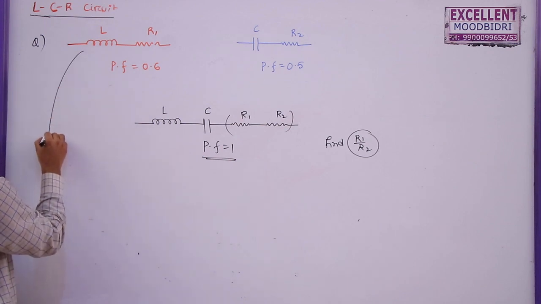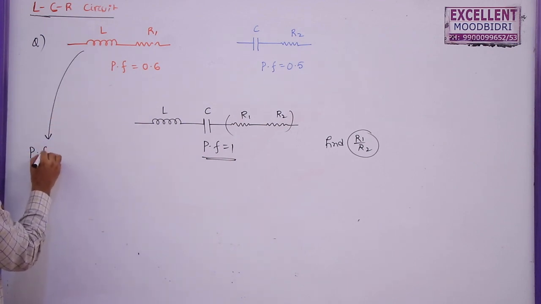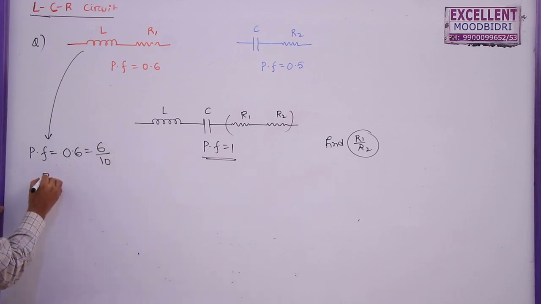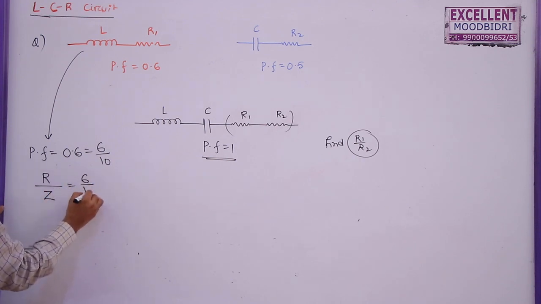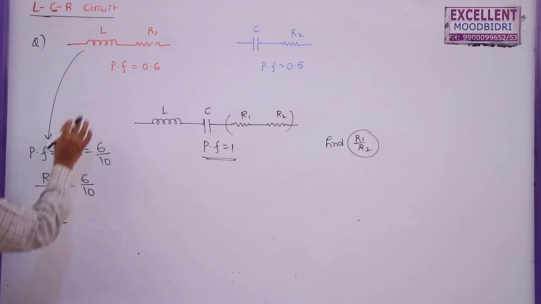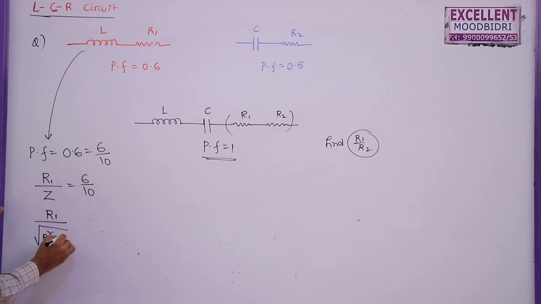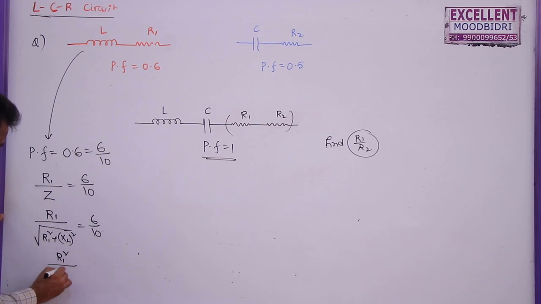So first let me take this concept here. The power factor is given by 0.6. I am going to write this as 6 by 10. Power factor can be written as, just now we solved a problem, R by Z is equal to 6 by 10. What is Z here? Root over R1 square plus XL square is equal to 6 by 10. Squaring on both sides you will get R1 square by R1 square plus XL square is equal to 36 by 100.